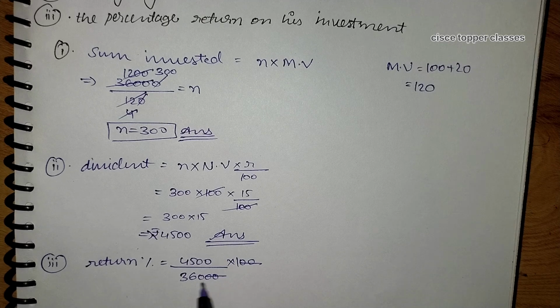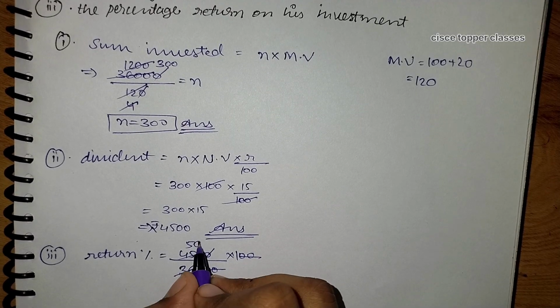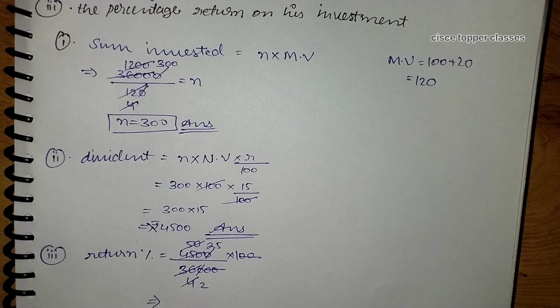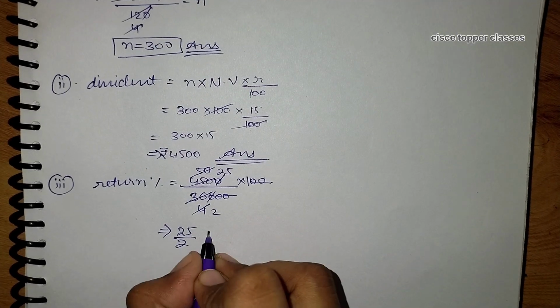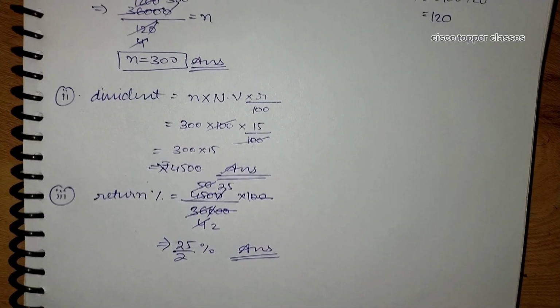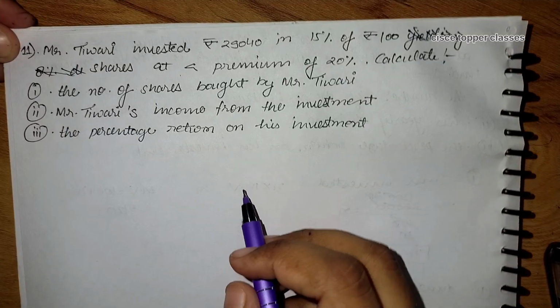The 0 will be cancelled out, here also 0 will be cancelled out. On cancelling this we will get 36, 4 and here 50. On this also we will get 2, this will be 25, means 25 by 2 is the return percentage in this question. This is the final answer of this question and this is the solution of question number 10. Let us solve question number 11.